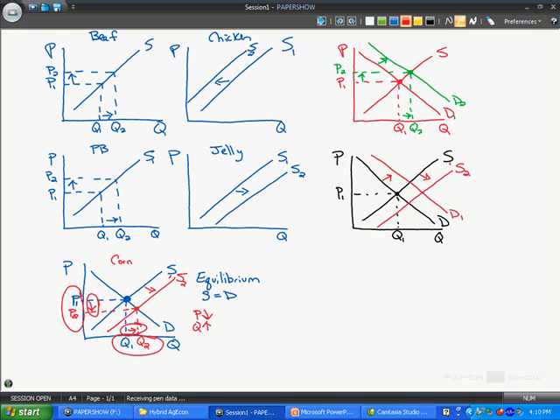Where S2 and D2, the two red lines, cross each other, we have a new equilibrium point and a new quantity.